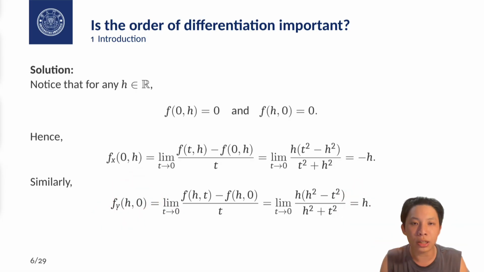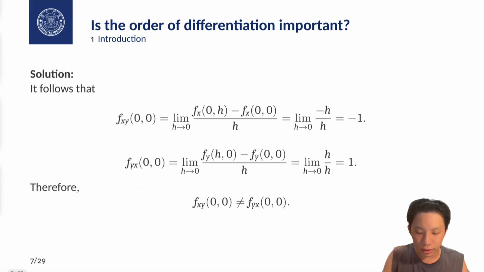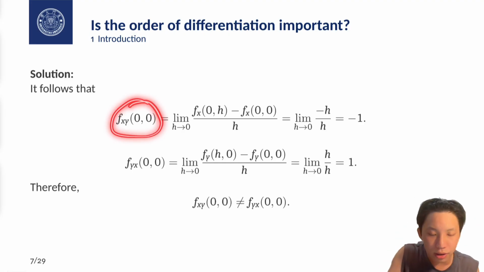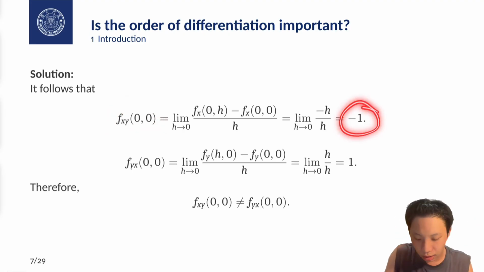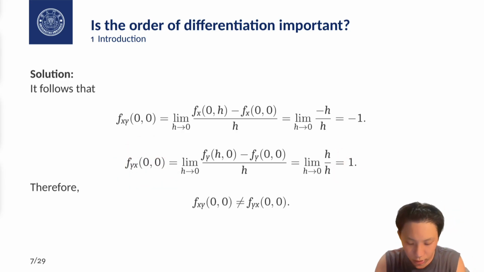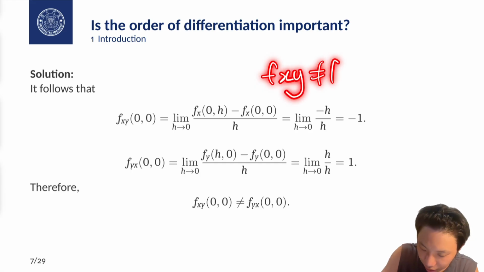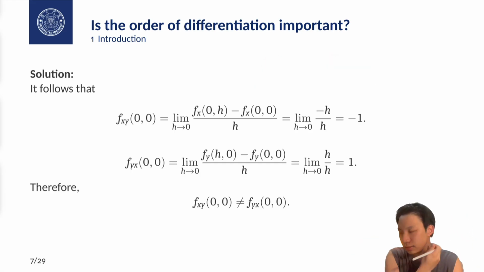Now we take the partial derivative again using the definition of second order partial derivative. We can find that f_xy at (0, 0) equals negative 1 and f_yx at (0, 0) equals 1. So this example tells us that f_xy is not equal to f_yx at (0, 0). If we switch the order of differentiation, the result may not be equal.